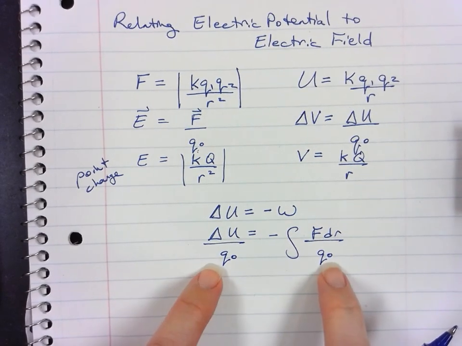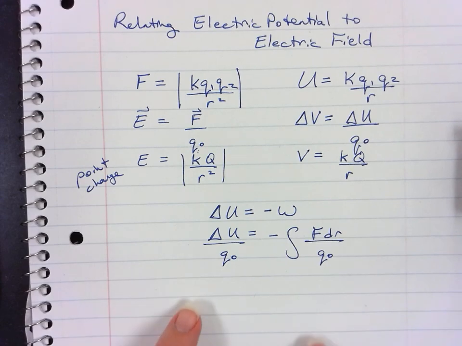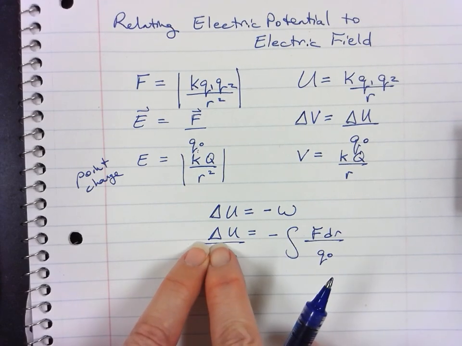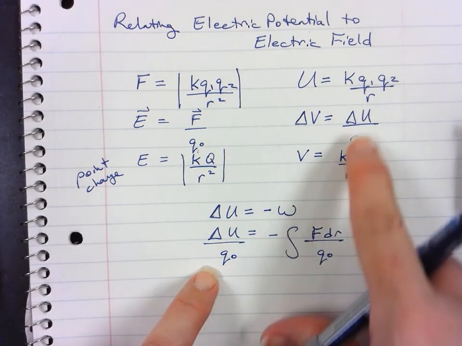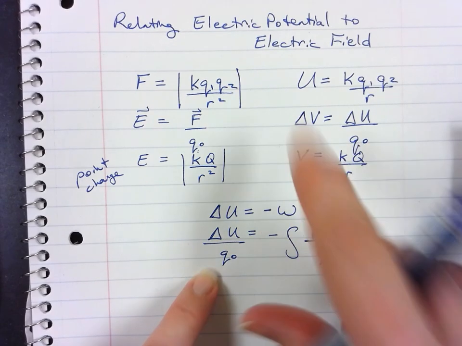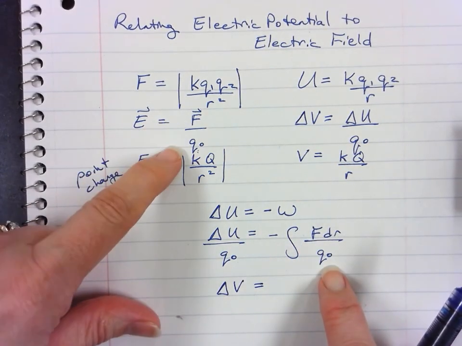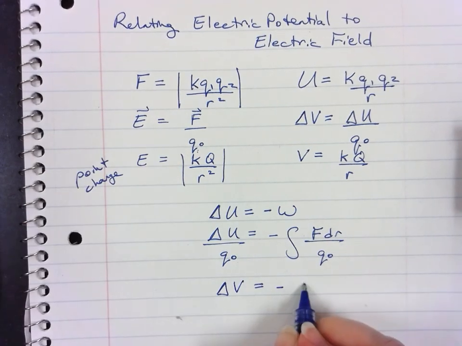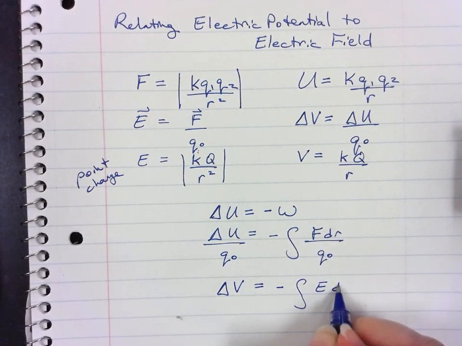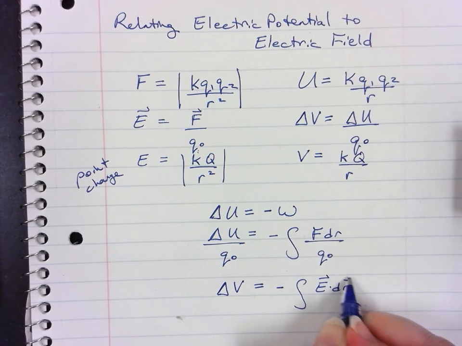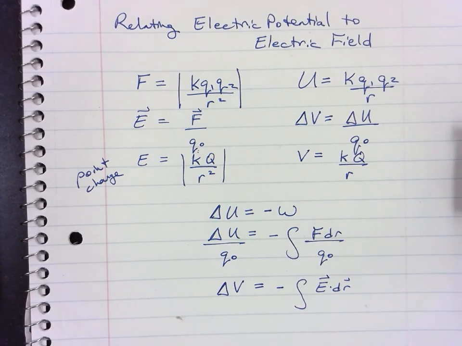Because it's a constant, I can put it inside or outside the integral, however you want to do it. Change in potential energy divided by the test charge is delta V. Force divided by a test charge is electric field. So this is a negative integral of electric field, and there's a cosine angle in here.